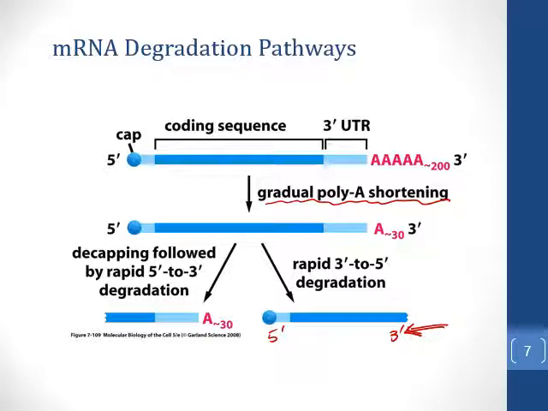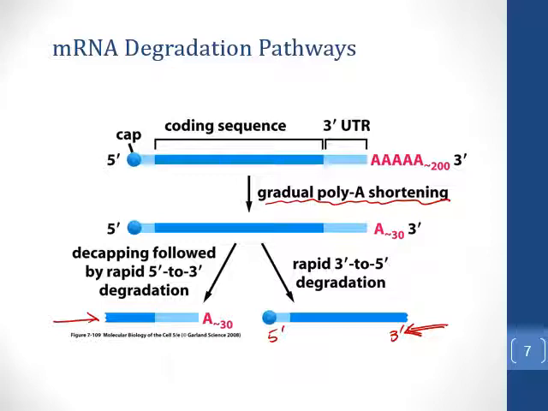Now, if an mRNA is decapped, then we can get degradation in the other end as well, right? And as I just said, we haven't really seen it yet, but remember that circular RNA with the 5' cap that has eIF4E and eIF4G attached to it.